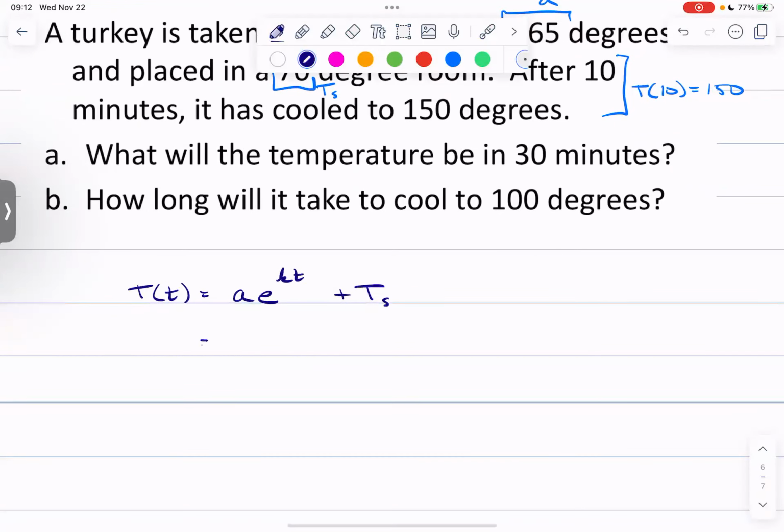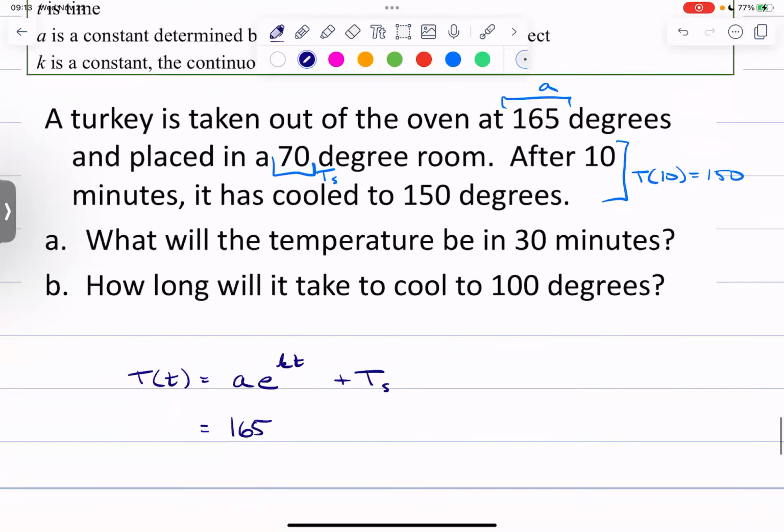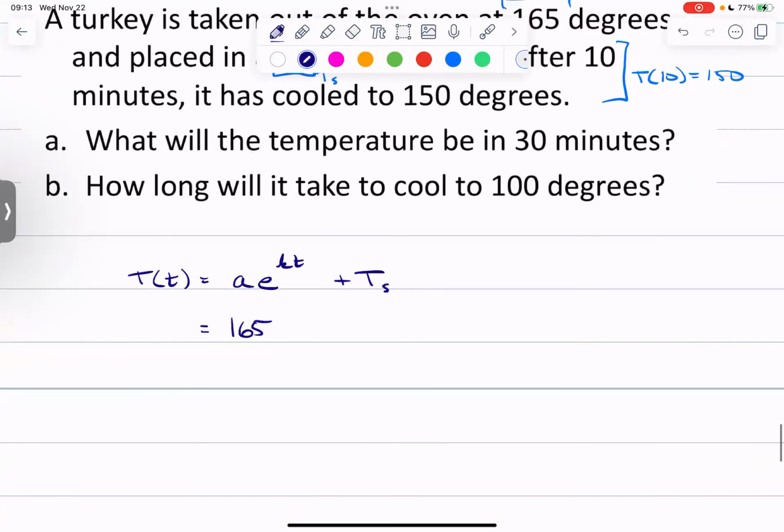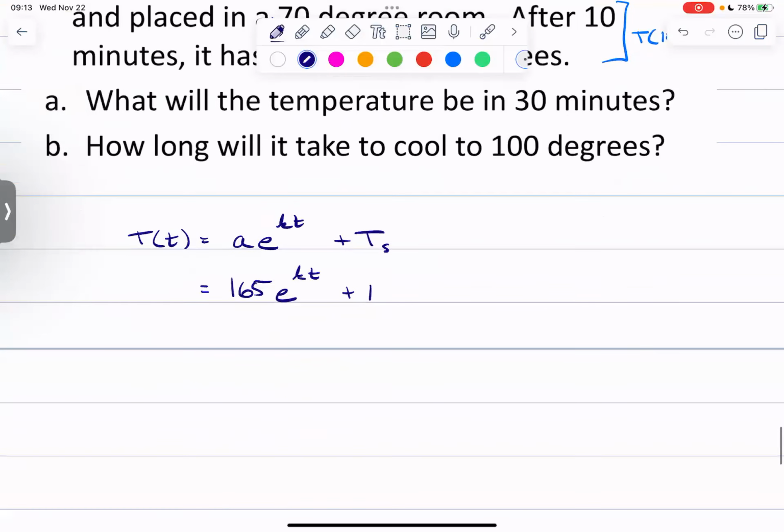So now I have 165 as our initial temperature, e to the KT. Now I don't know K, and we want to keep t as a variable, so we're trying to solve for K, plus 70.